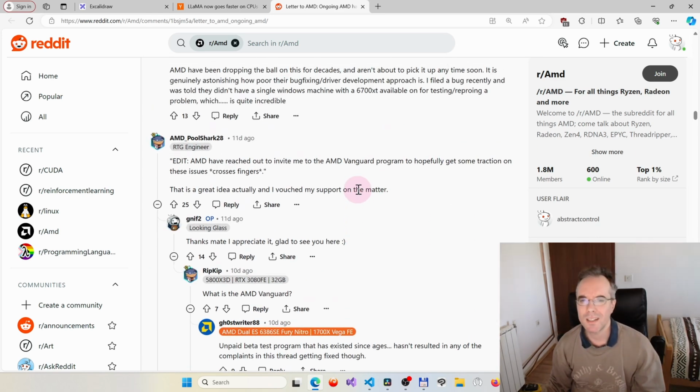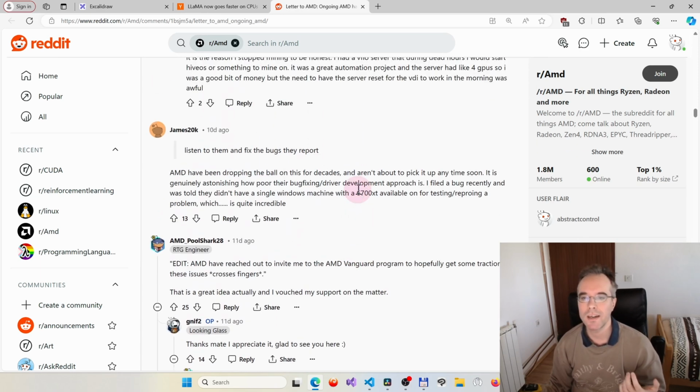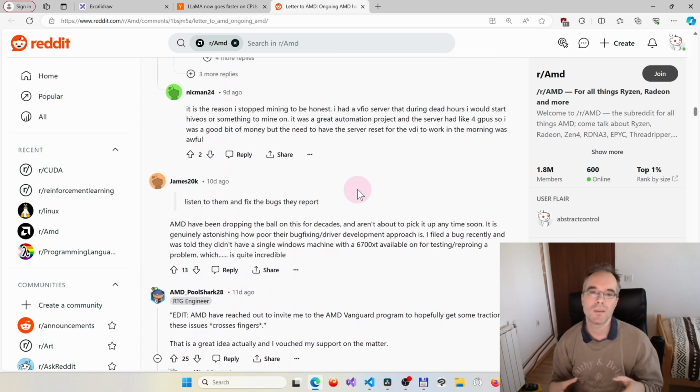And apparently the usual pattern with AMD is that their public representatives would find errors such as these. They make a lot of promises to fix everything, and they do nothing with that. And this is a pattern that has been going on for decades. So if possible, you want to avoid AMD at all costs.